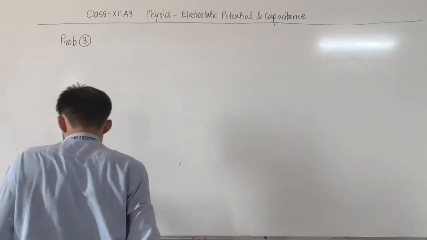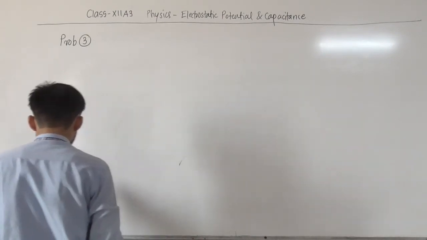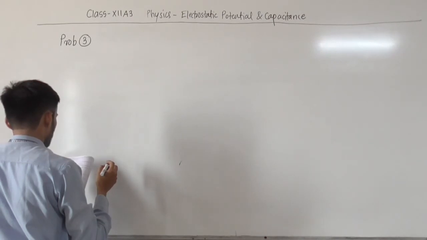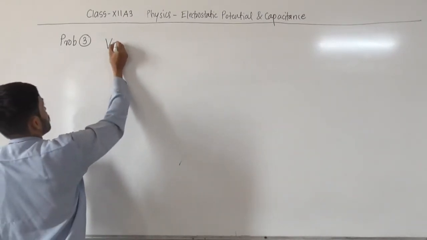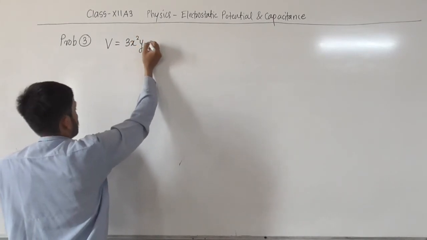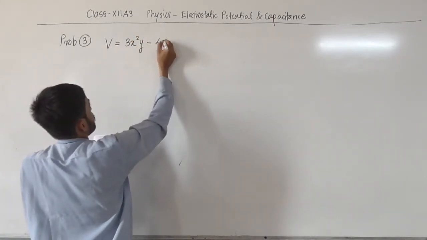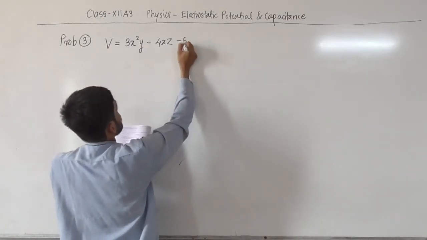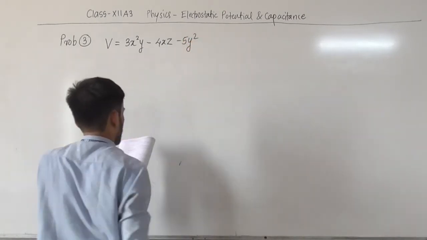In problem 3, the electric potential over a certain region is given. So V is given as 3x square y minus 4xz minus 5y square.